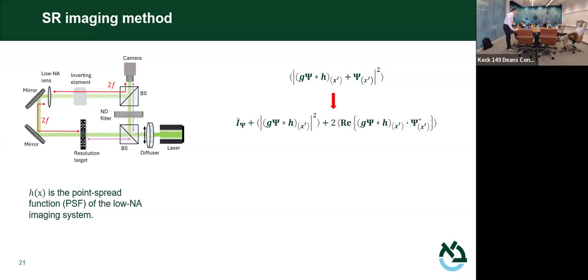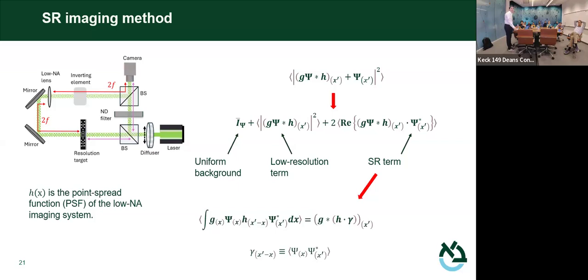If we expand these terms, we get a first term, which is just a uniform background due to the speckle. We also get a low resolution term, as you would expect. This time average term is basically equivalent to incoherent imaging. But the third term, which is the interference term, will be a super resolved term. How can we see that? If we write the convolution in this third term explicitly, then you see that the time average will introduce the correlation function of the speckle.